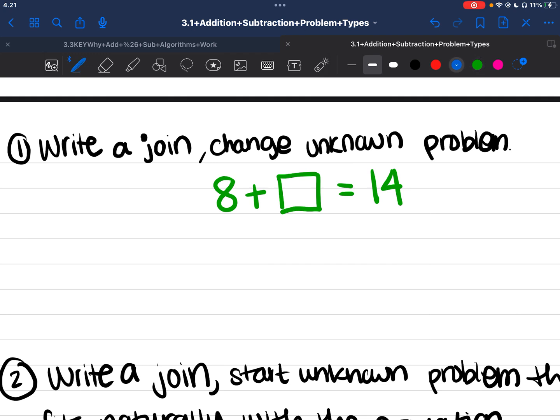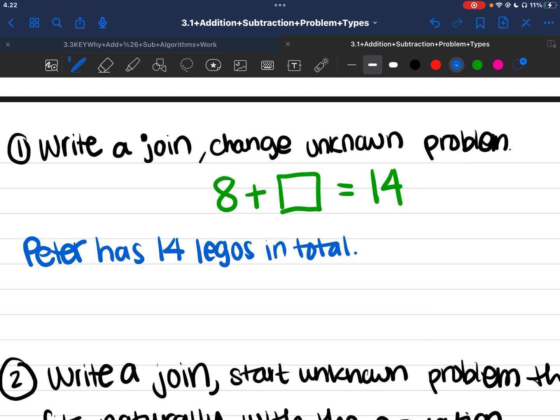All right, so y'all ready? I'm gonna put Peter. Peter has 14 Legos in total. That's a very small amount of Legos, but okay.